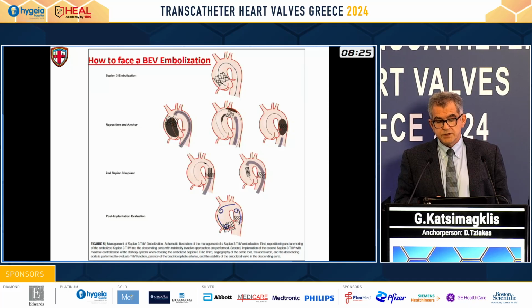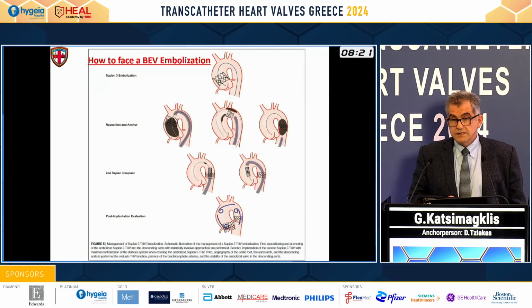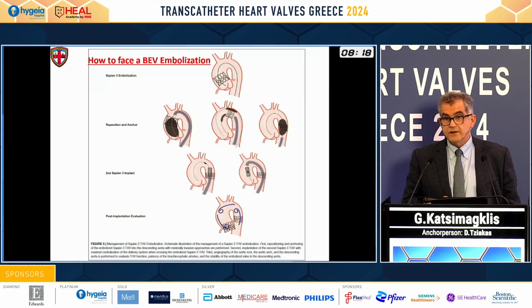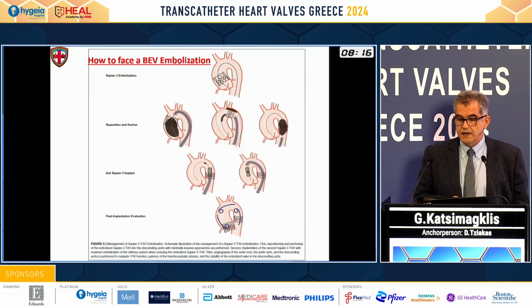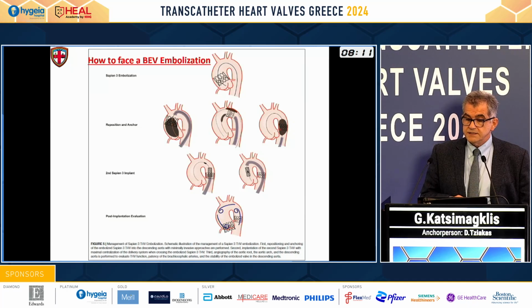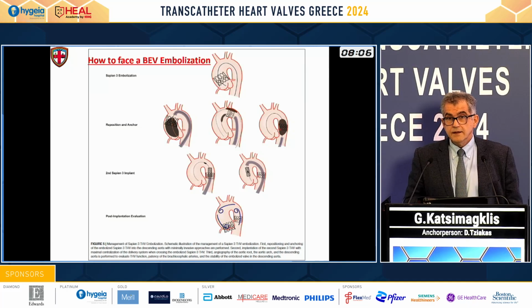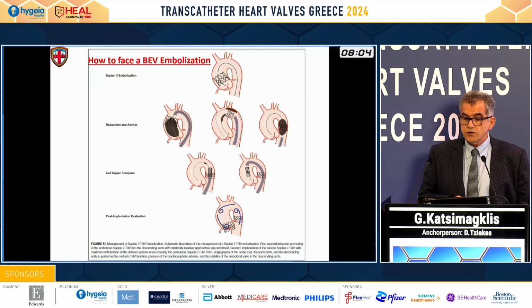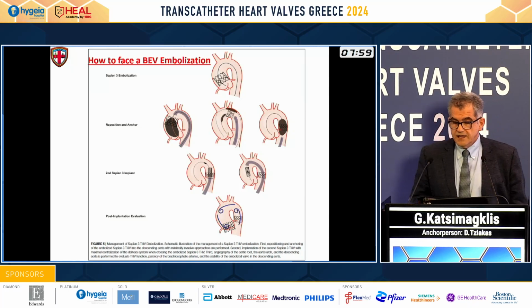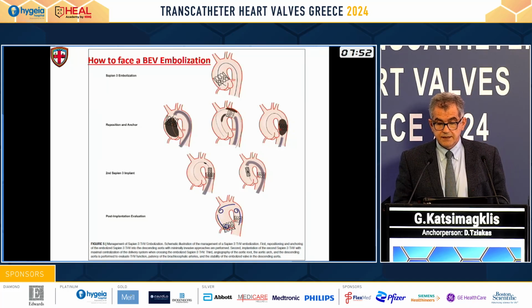We try to reposition it by inflating a balloon and trying to retract the valve into the descending thoracic aorta. When it is difficult to pass the aortic arch, it is better to pass another wire and try to crush the valve just a little using balloon valvuloplasty, and afterwards retract the valve into the descending thoracic aorta.